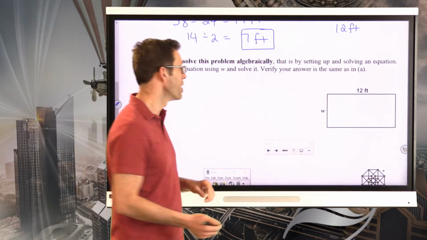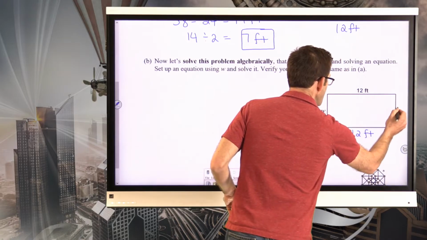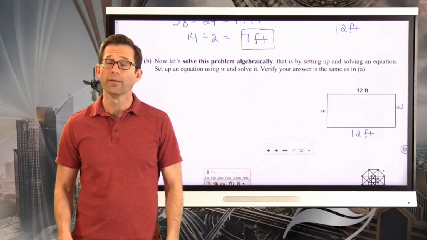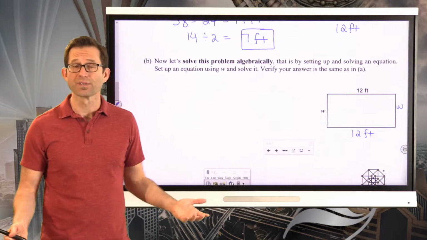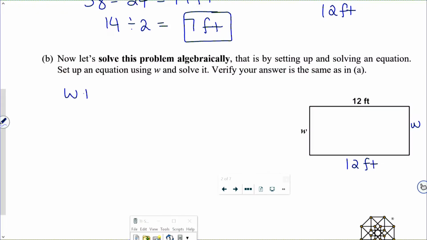How are we going to do this algebraically? Well, again, we've got the same diagram down here. It only shows up once on your page, but I'm going to put the w, the 12, and the 12 there. So what equation really models this? Well, the equation would be w plus w, those two widths, plus 12 plus 12, those 4 sides have to add up to the perimeter of 38.